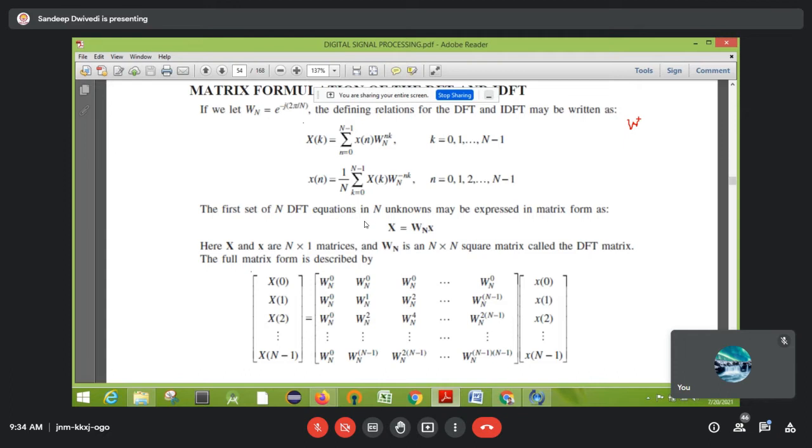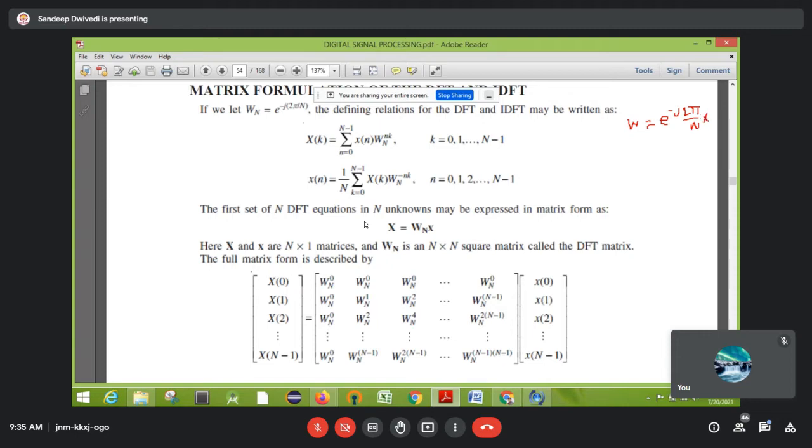So this first value is going to be 1, but you can put the value in a formula, and that formula is w, that is e raised to power minus j 2 pi upon capital N. So this is e raised to power minus j 2 pi by N, and this is w, into the value of kn.